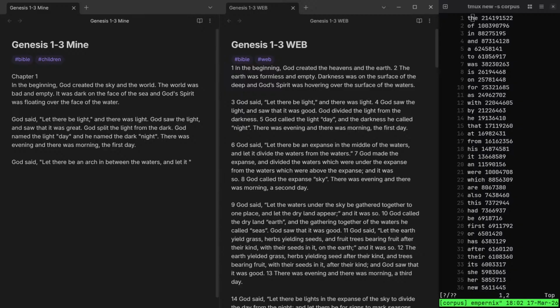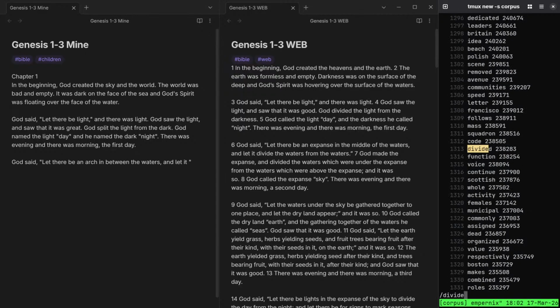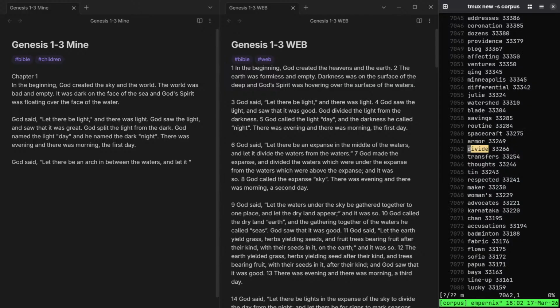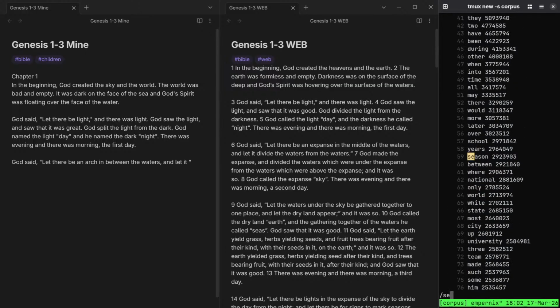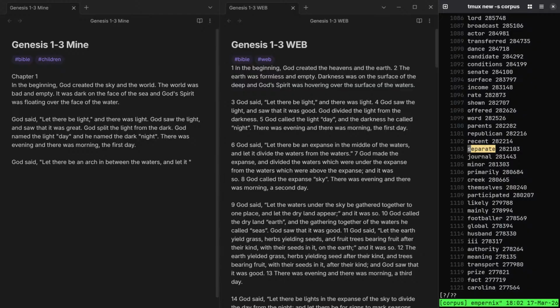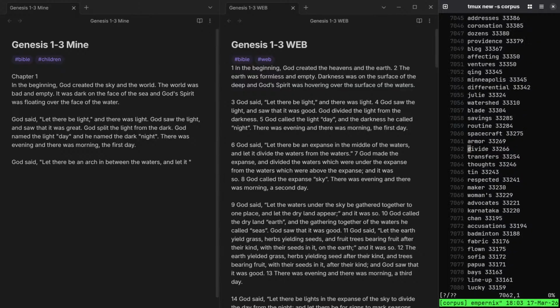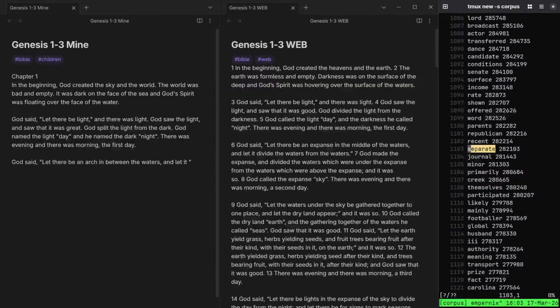And let it, now do I want to say divide or separate? Divide. Okay, 70,000. Separate. We're going to use separate, even though we used divide earlier. I don't know. We'll have to think this through.